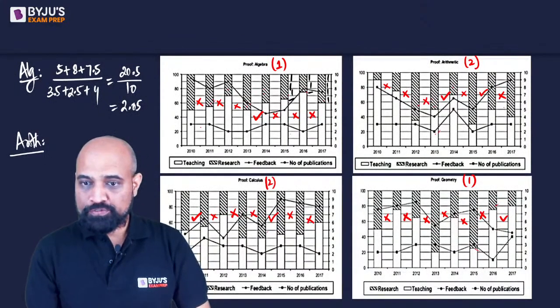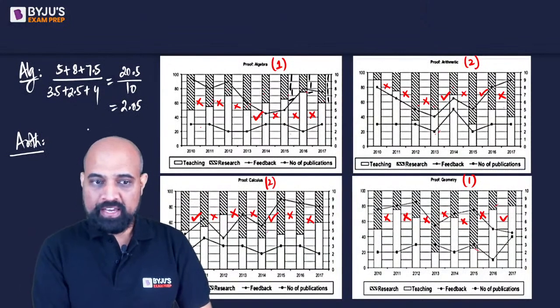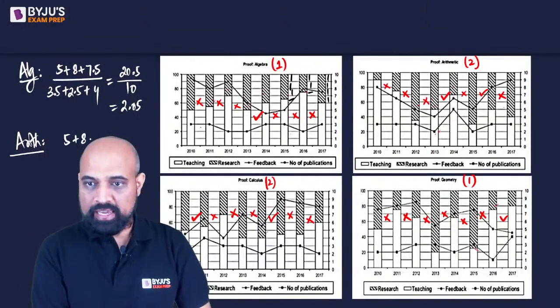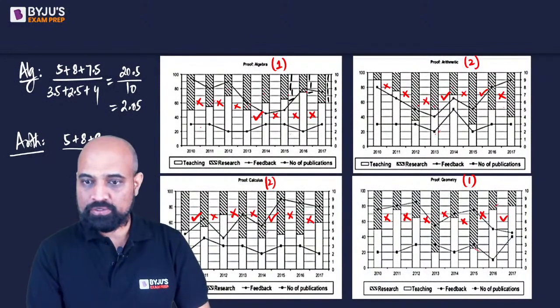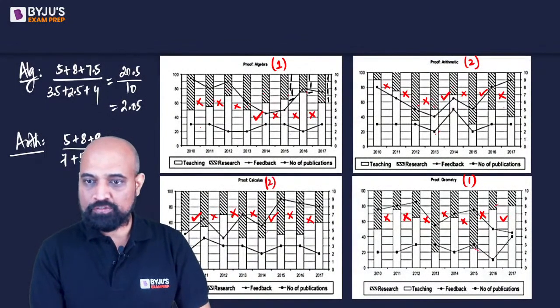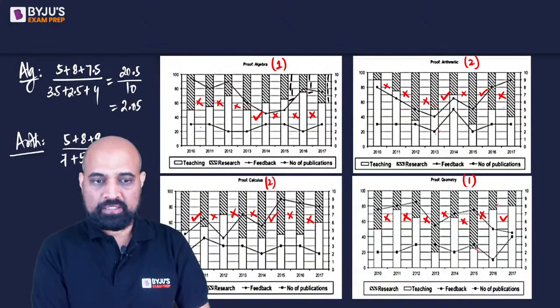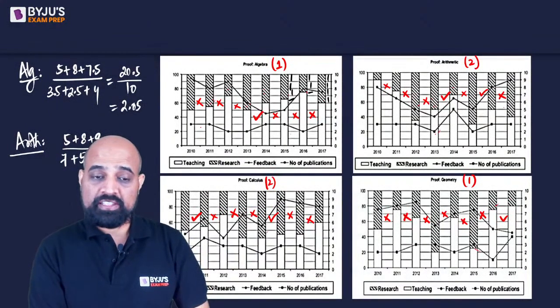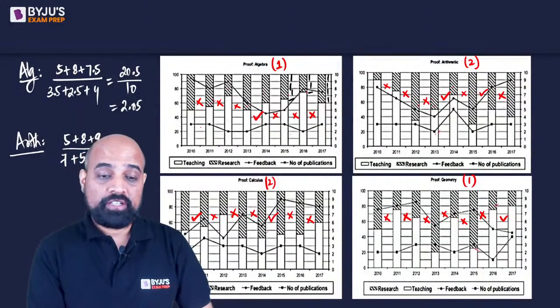If we look at the Arithmetic guy from 2015, 16, 17, this is a 5, then an 8, and then a 9. And in the calculation, since the bottom is 3 less, the top will be 7. It's exactly 5 for the year 2016, and for 2017 we have a 4 here, so the remaining is 6. Okay, looks like the numerator did not increase by much, but the denominator increased by a lot.